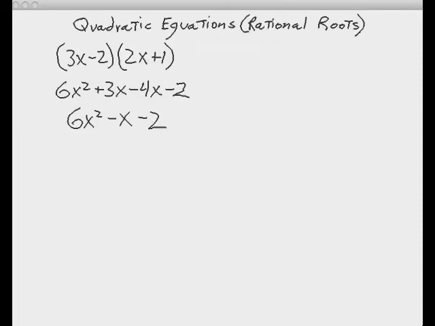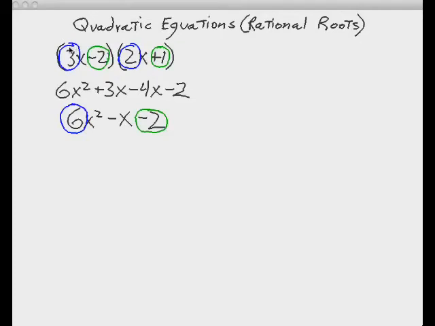Now notice this. The product of these two numbers ended up being the coefficient of x squared. The product of these two ended up being this plain number here, this constant term, and this ended up being kind of a combination.